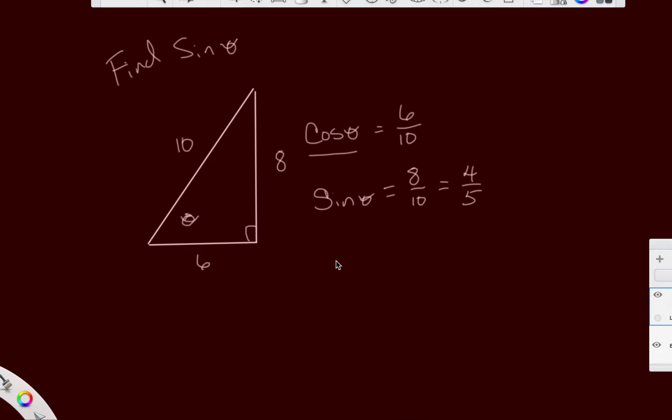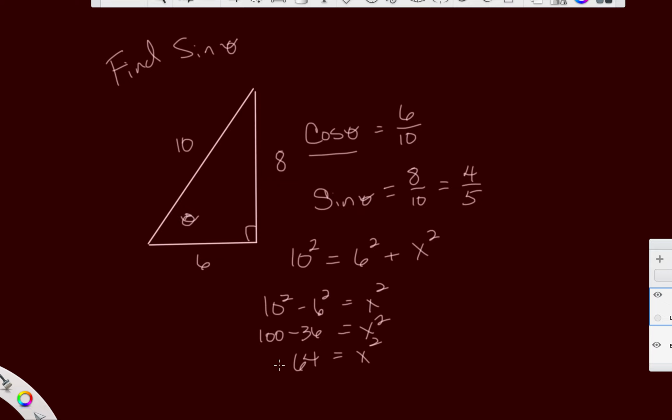Sometimes you'll have a square root, because what you'll do is you'll use Pythagoras. That's what I used here. 10 squared equals 6 squared plus that unknown side squared, so I call it x squared. 10 squared minus 6 squared equals x squared. And then I would do 100 minus 36, which equals x squared, which is 64 equals x squared.